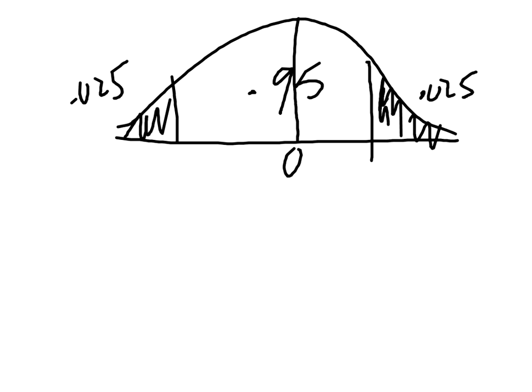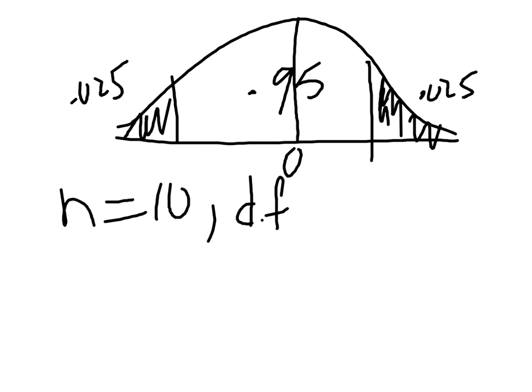Anyway, recall that the sample size was 10, and so we know that we need degrees of freedom of 1 less than 10 or 9. And the book, and I checked this, gives us alpha values for left and right tail, there are t values of 2.262 and minus 2.262.